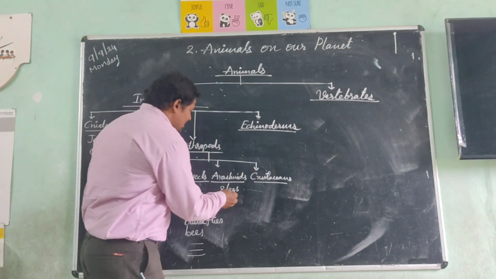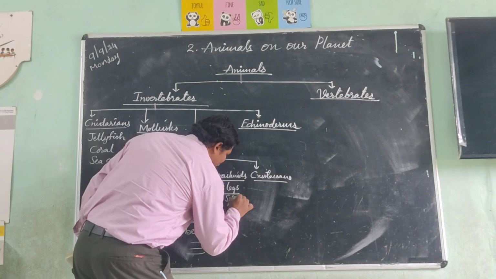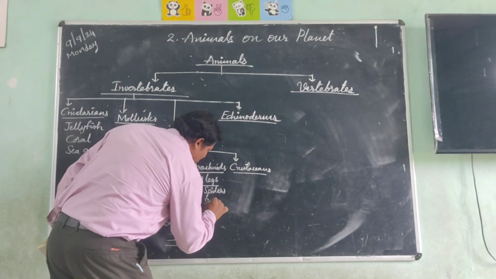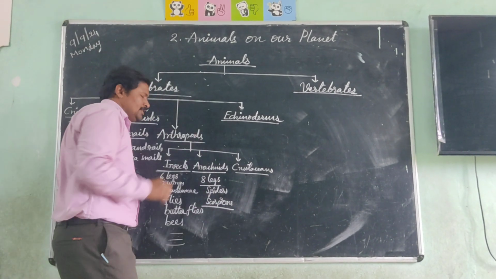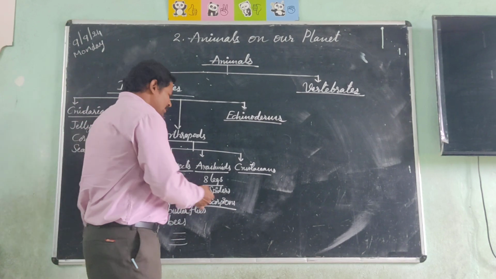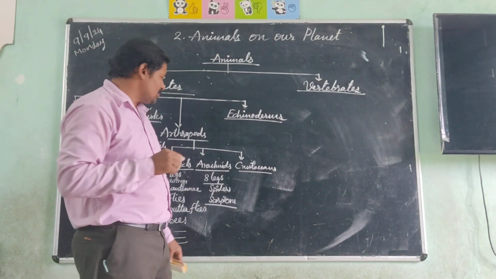So here I am writing 2 examples: spiders and scorpions. They have 8 legs and they have poisonous stings.